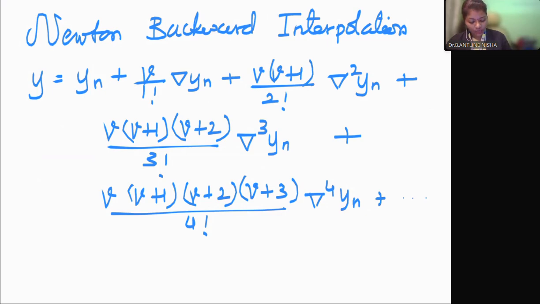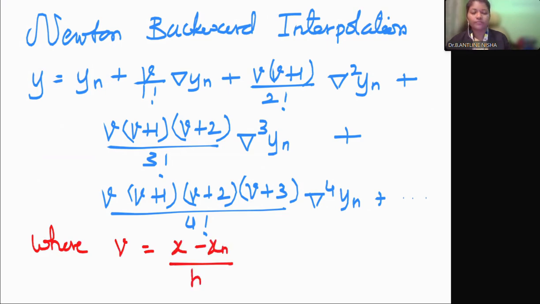So now we should know how we can find v. v is equal to x minus xn divided by h.